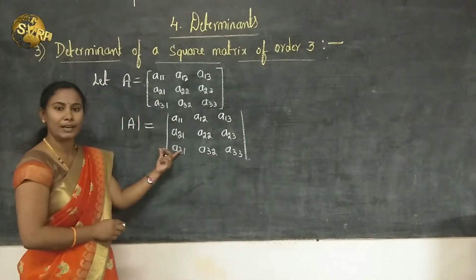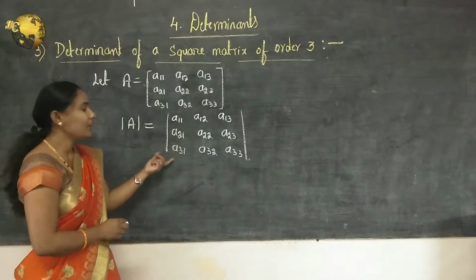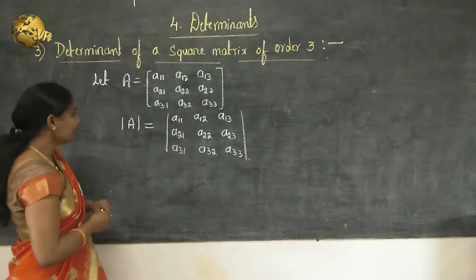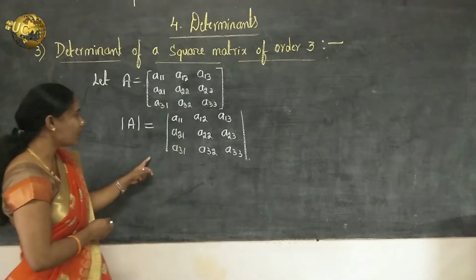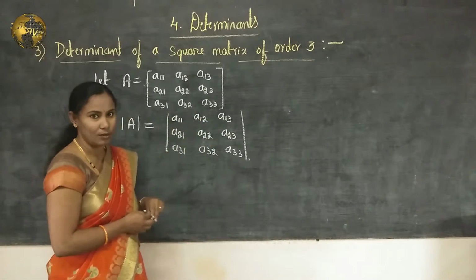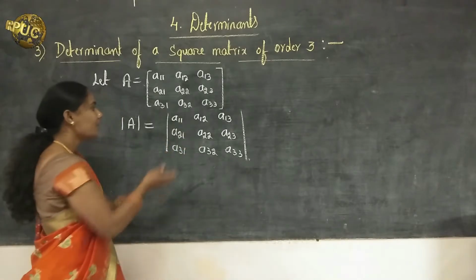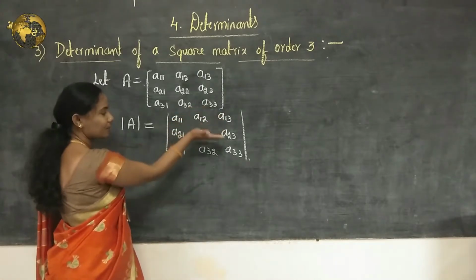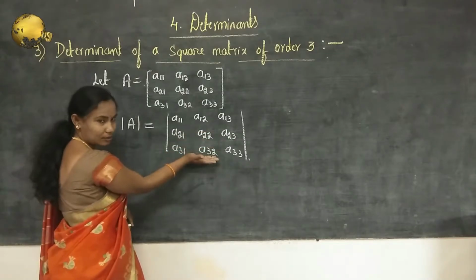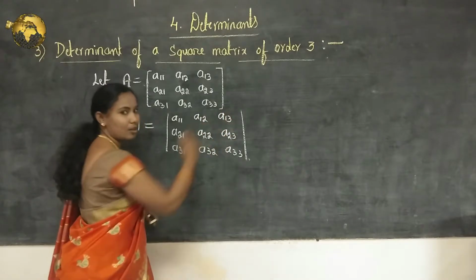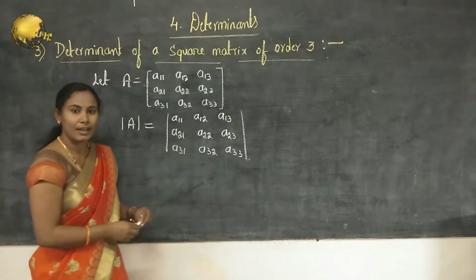Now this is a determinant of order 3, and we have to find its value. For that we can expand this along any row or any column. That means we have 6 ways to expand this: along the first row, second row, third row, or along the first column, second column, or third column.